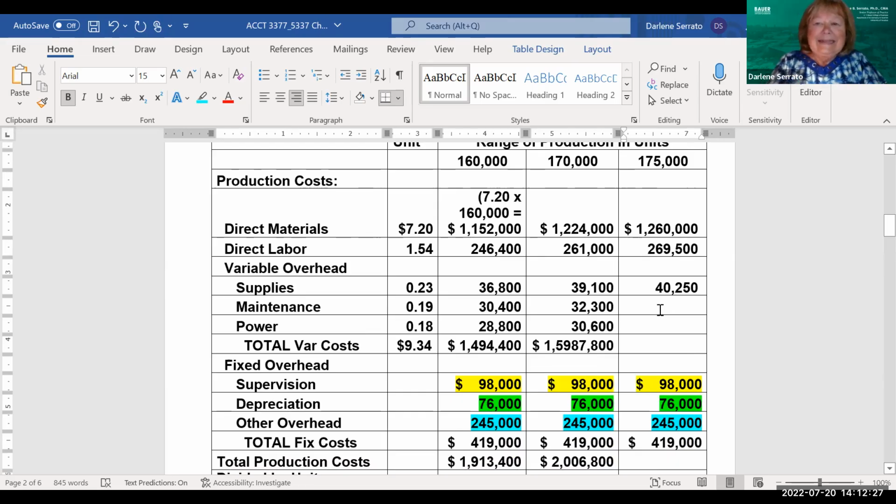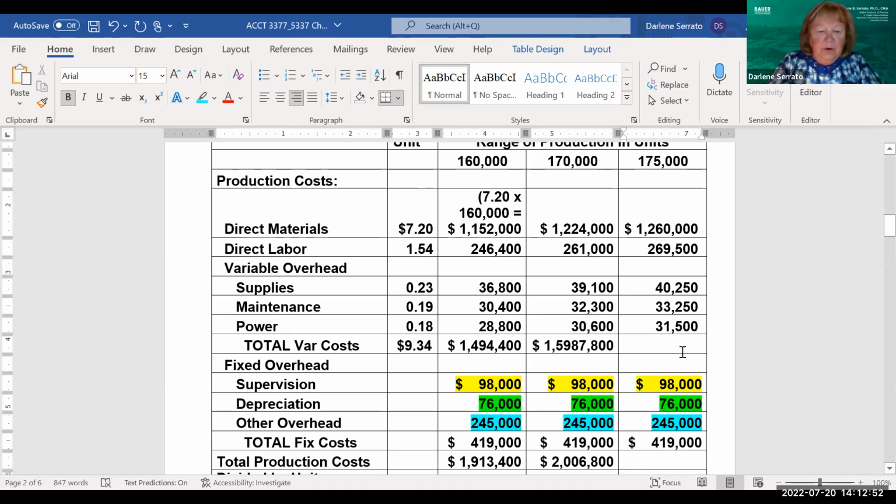Maintenance, 19 cents times the 175,000 gives us 33,250 for maintenance cost. Power, 18 cents times the 175,000 gives you 31,500.